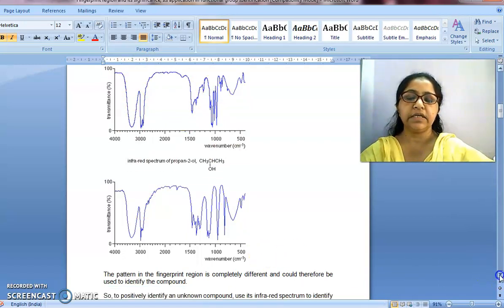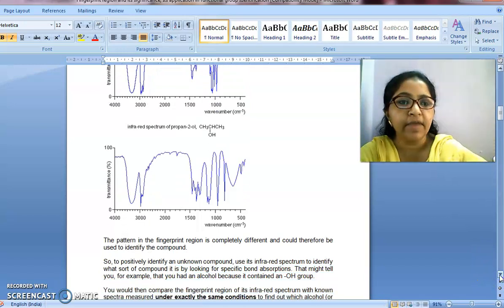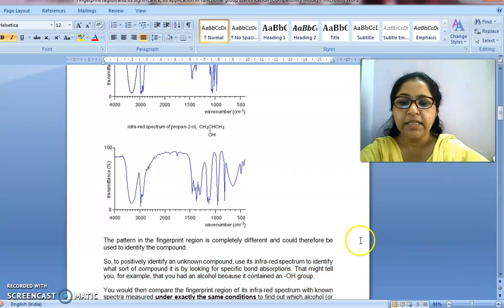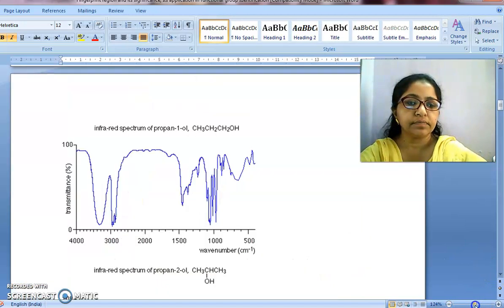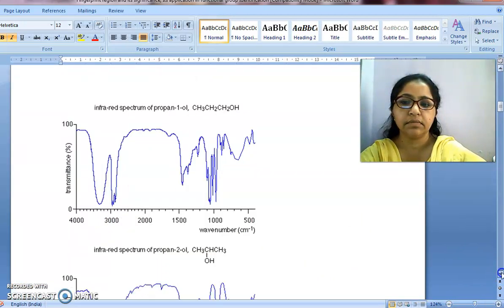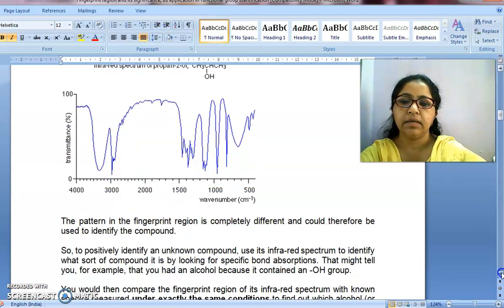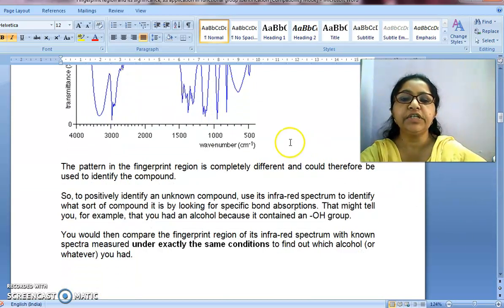Here it is showing the bending vibrations mainly. The pattern in the fingerprint region is completely different and could therefore be used to identify the compounds.